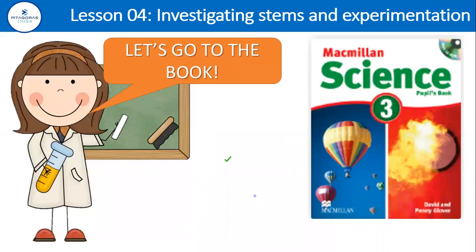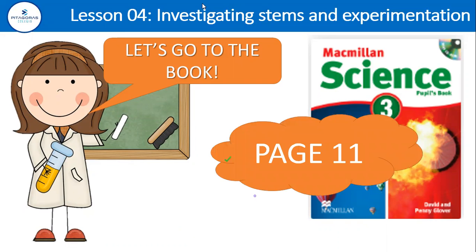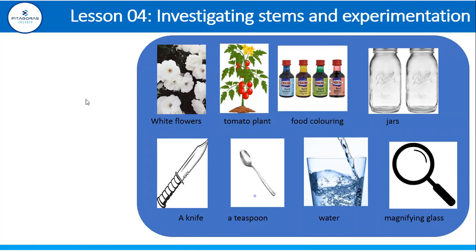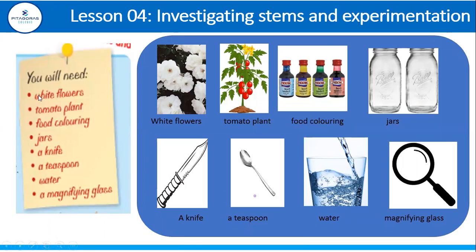We have to work now with the science pupil's book. Let's go to the book, page 11. Here we have to do the experiment with those elements. What materials am I going to use in this experiment?